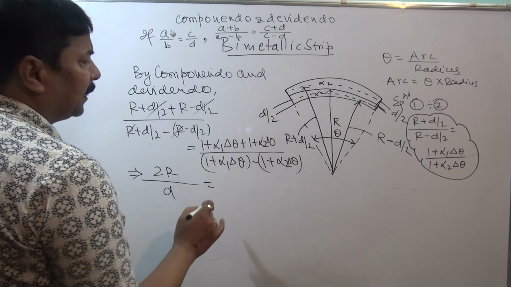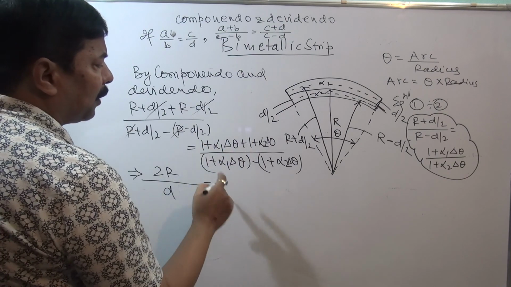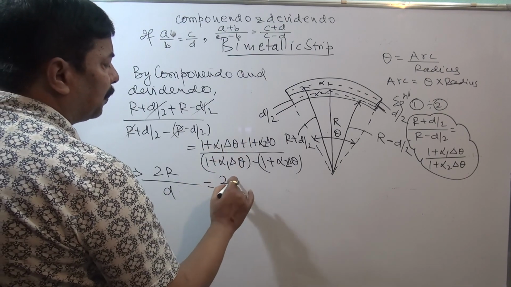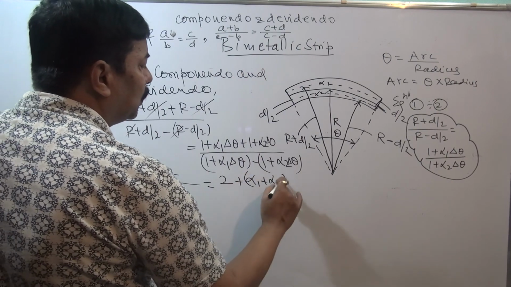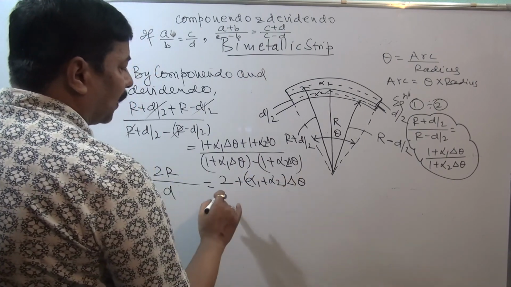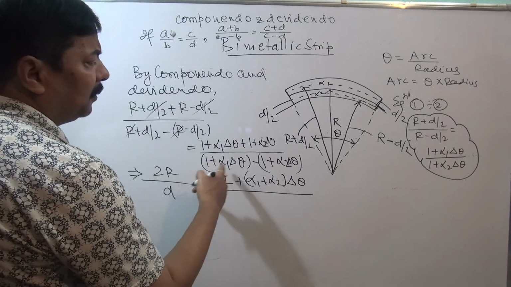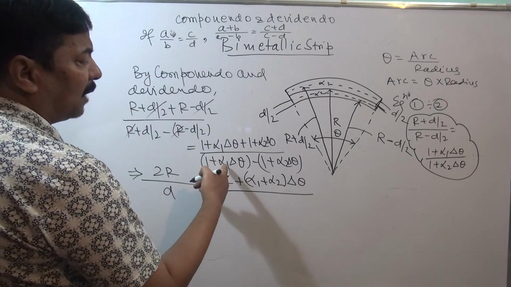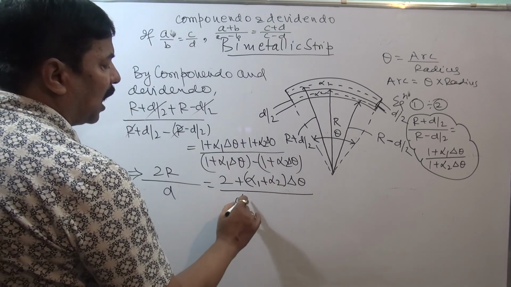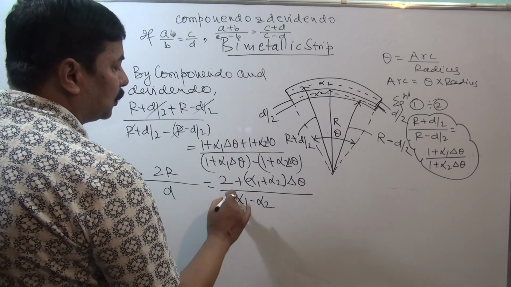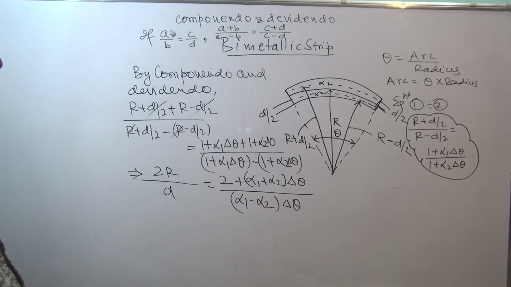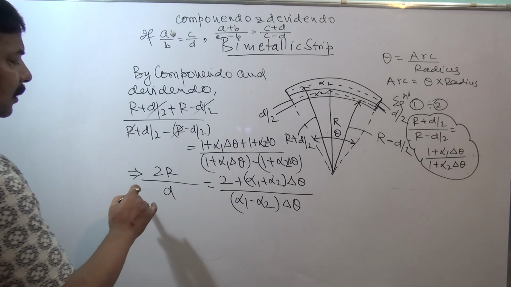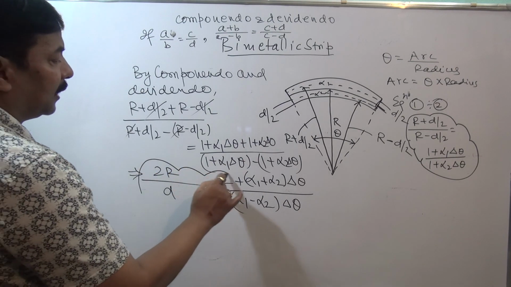So we are getting 1 plus 1, 2 plus alpha 1 plus alpha 2 into delta theta, by 1 minus 1 will cancel, alpha 1 minus alpha 2 into delta theta. So this is the final result that we are getting.